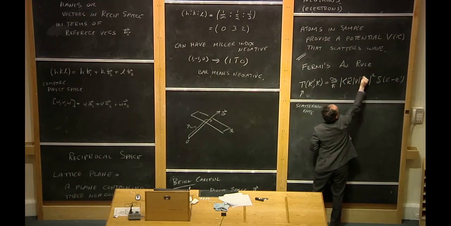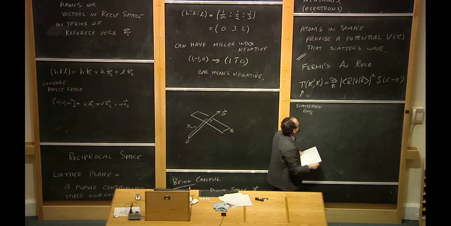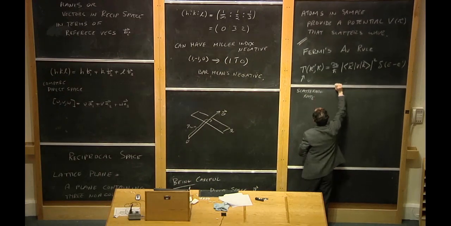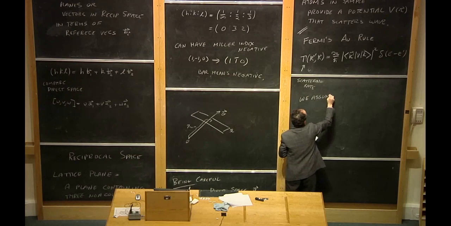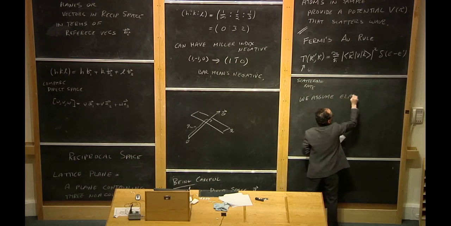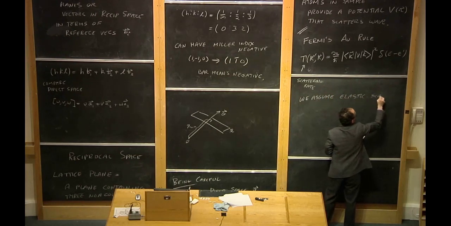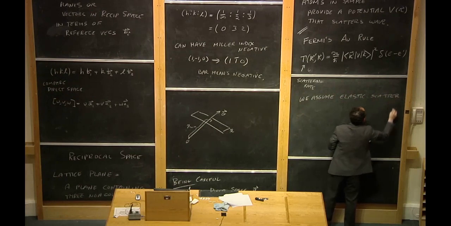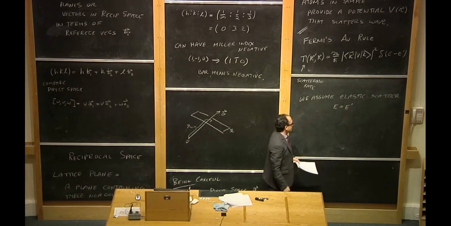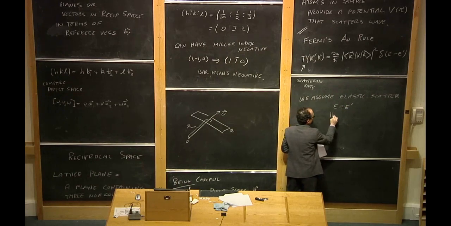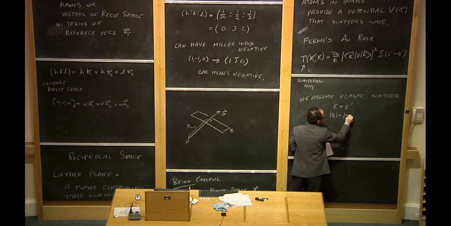These are vectors. Now, to simplify our life, we assume elastic scattering, which means that E equals E prime. The energy coming in and the energy coming out are the same. That will also mean the absolute value of k equals the absolute value of k prime.